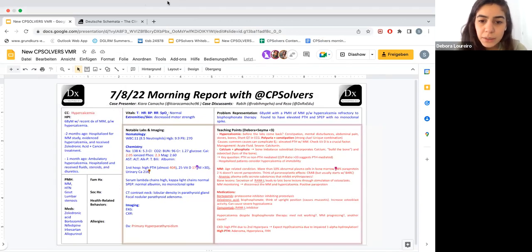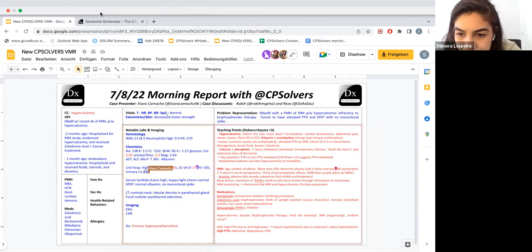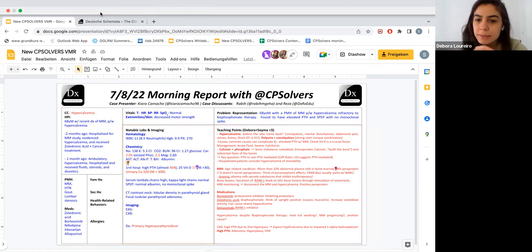And the medications, we talked about bortezomib, a proteasome inhibitor that inhibits proteolysis. We talked about zoledronic acid, a bisphosphonate, where you think of the upright position to prevent esophagitis, and it decreases osteoclast activity and can cause hypocalcemia. And then denosumab is a RANK-L inhibitor. We asked whether this hypercalcemia, despite bisphosphonate therapy, meant the medication was wrong, the multiple myeloma was progressing, or there was another cause.